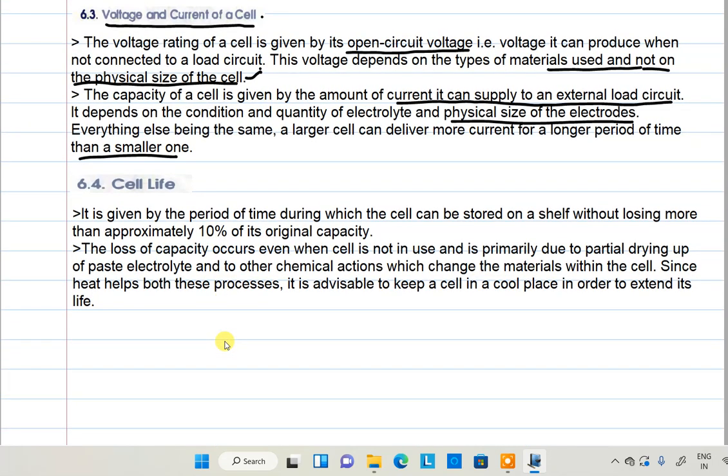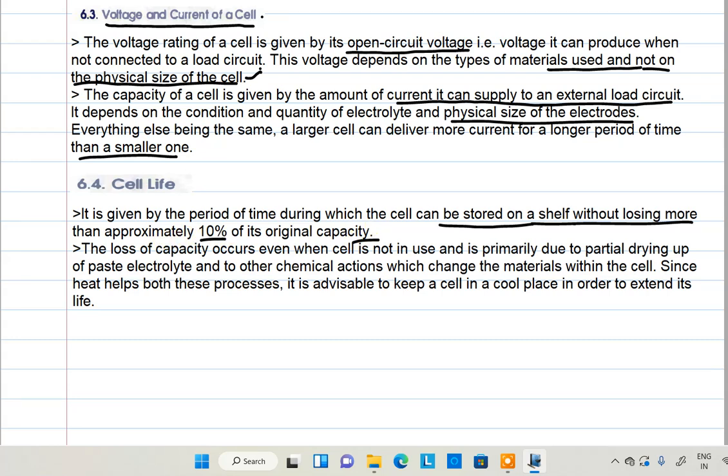Coming to the cell life. Cell life means how much time it delivers the power, how much capacity it has to store the energy, how long. We will look at it in points. It is given by the period of time during which a cell can be stored without losing more than approximately 10% of its original capacity.